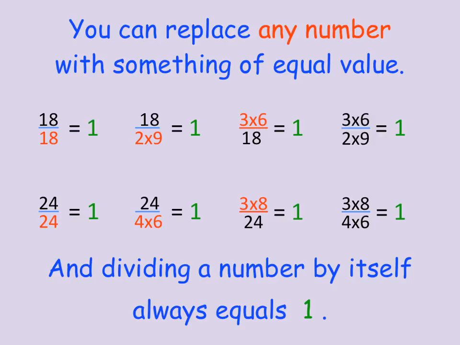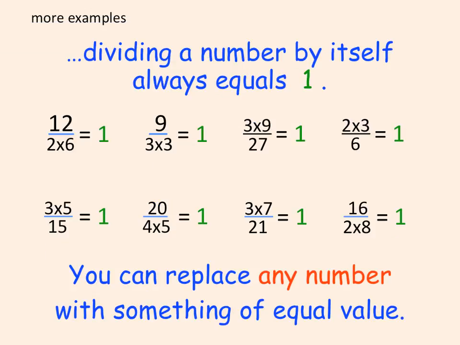And you can see the other examples, all of them showing that dividing a number by itself, or something equal to it, always equals 1. Dividing a number by itself always equals 1, and you can replace any number with something of equal value. You can see those examples. Stop the video if you'd like.